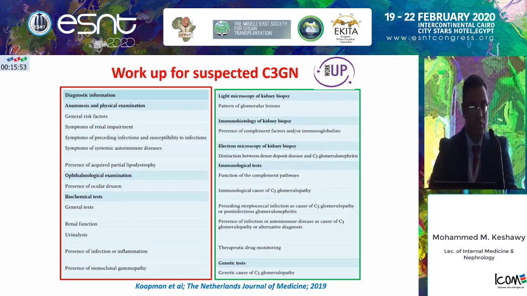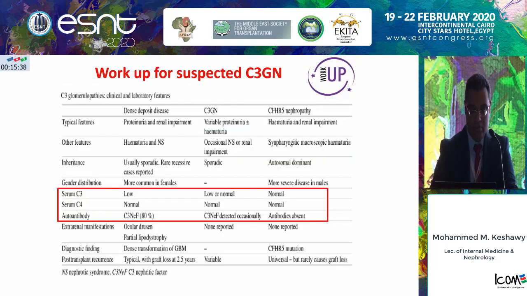What are you expected to do for this case? Not much from the primary case, as we do serological markers, we do C3, we do C4, we do kidney biopsy, but genetic testing cannot be recommended at present time for all cases with C3 glomerulonephritis. And actually, what does your complement tell?